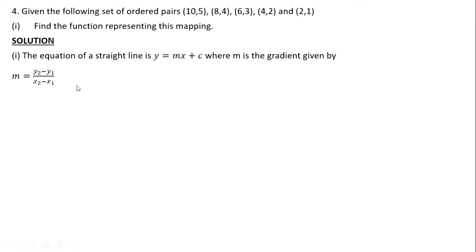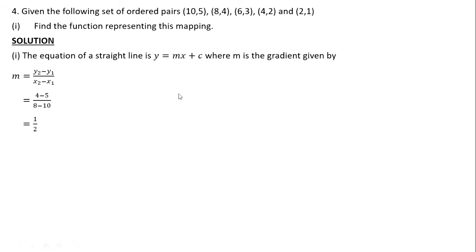We'll call this x1, this y1, that x2, and that y2, and replace. 4 minus 5, you get negative 1. 8 minus 10 will give us negative 2, so negative 1 over negative 2 is the same as a half. So our gradient is half.